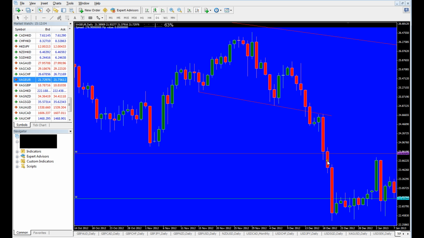One, it is very big, so it's going to take a lot of stop loss if the market goes against you, and not everyone can afford such a big stop loss. And the second reason, the most important, is that it closes above the support, which means that it's not safe to believe that price will certainly go below, and so I don't see a nice setup.